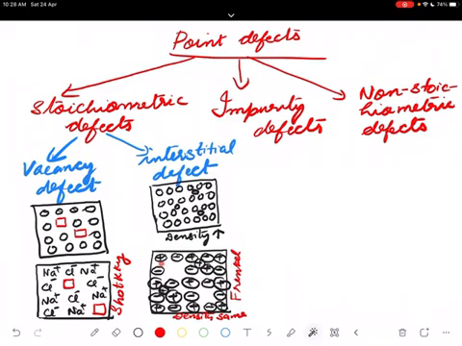Next we are moving to impurity defect. Impurity means something from outside is entering into the crystal, which causes some defect in the crystal. Again, I am taking the NaCl example.